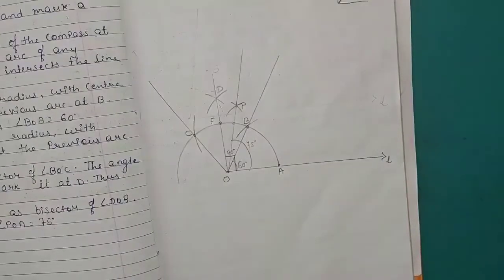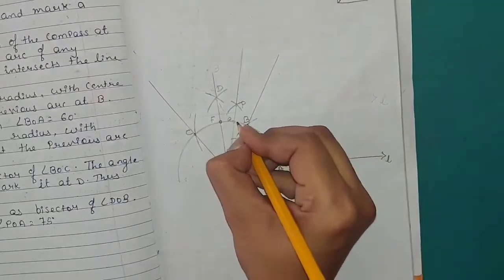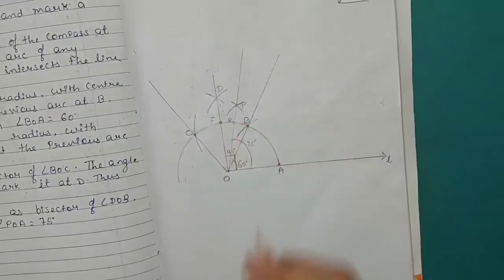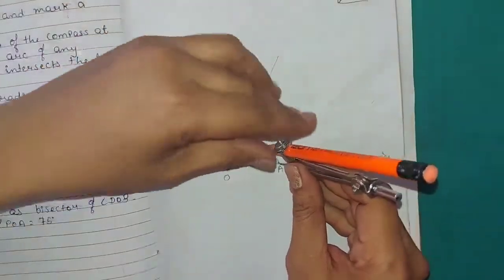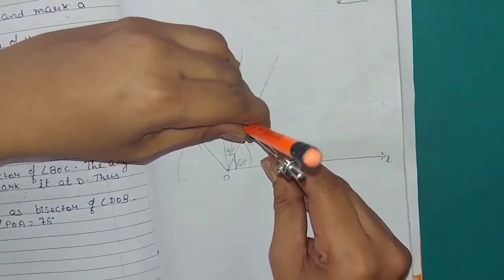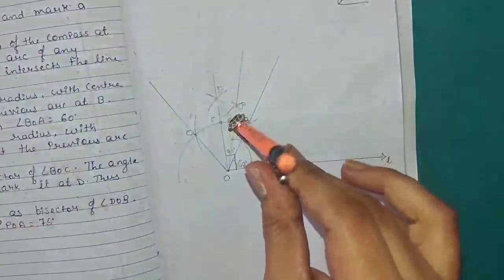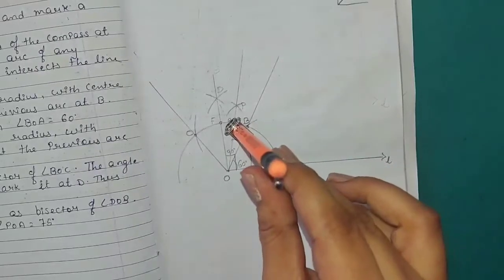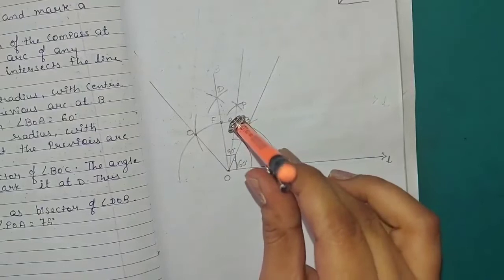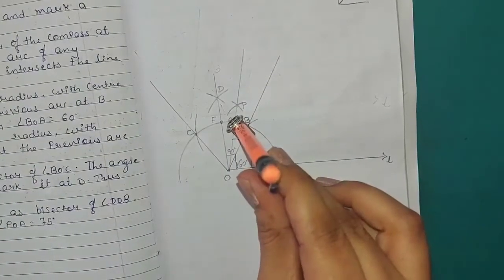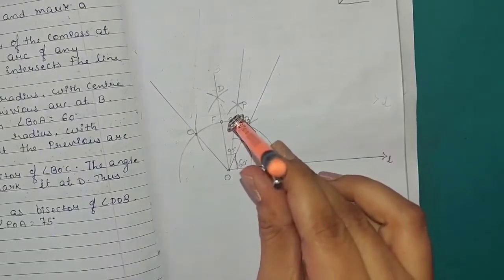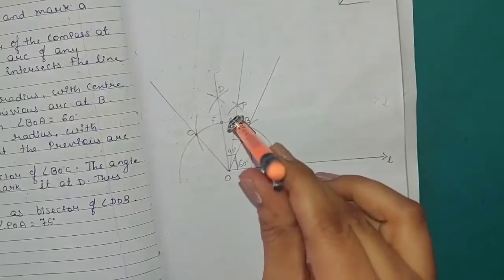Now, students, we have to find the line of symmetry, which means we have to find the bisecting angle. So, we will take center point A, and take the distance A to G, and then we have to take more than half radius. So, this is our A to G. Why do we have to take only this? Because this much distance arc is of 75 degrees, since angle POA is a 75 degree angle.